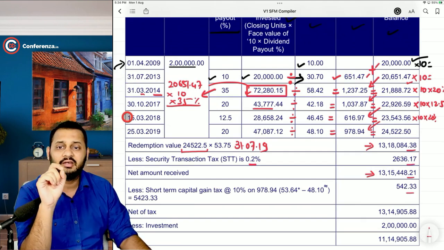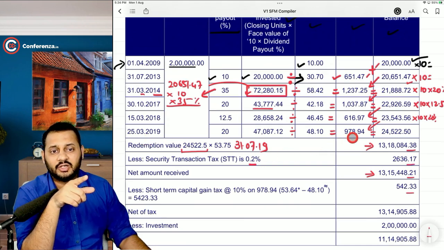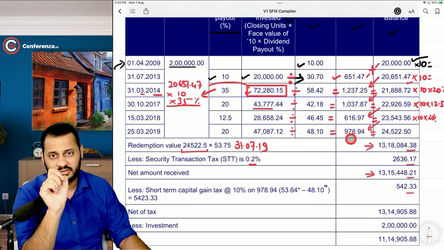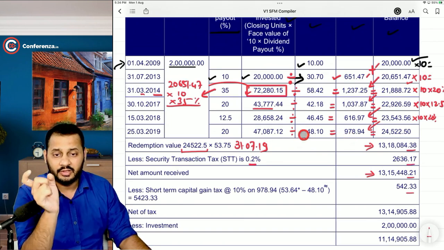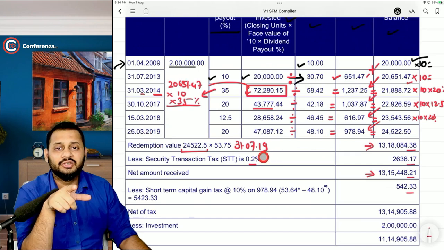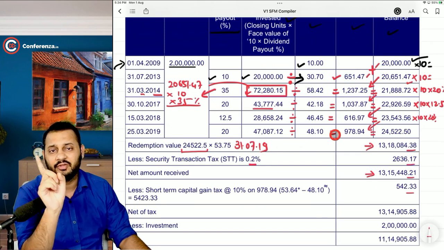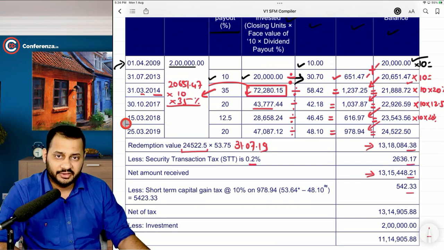In a similar manner, if you come to this date, 25th March 2019, you purchased around 978.94 units, which comes under the short-term capital gain tax purview, because you purchased on March 19 and you sold it on July 19, those 978 units. Before that, if you go back to the previous purchase date, it comes beyond the 12 months category.